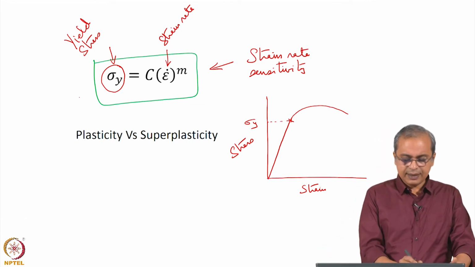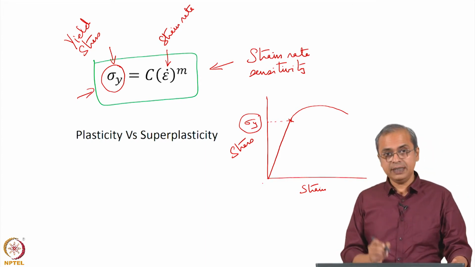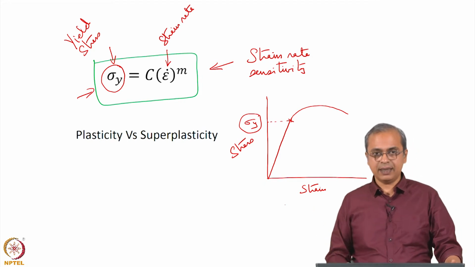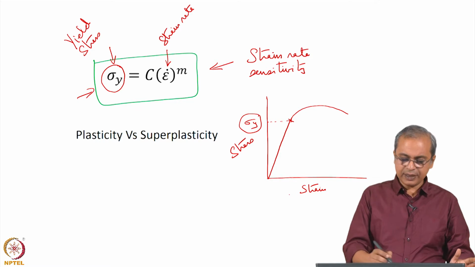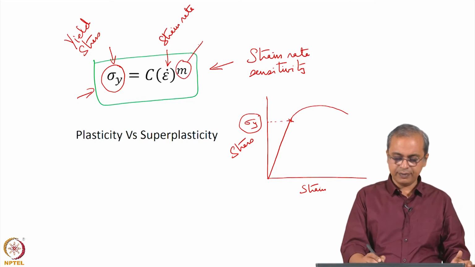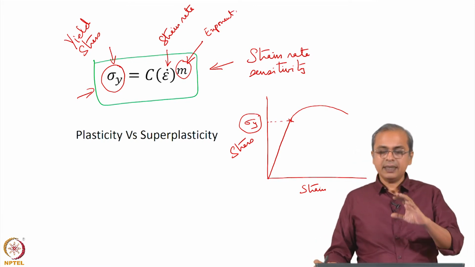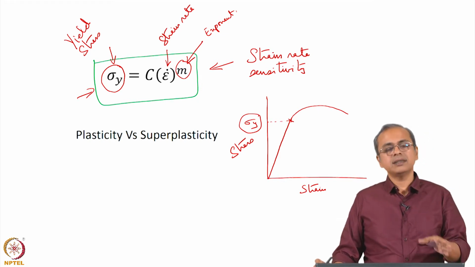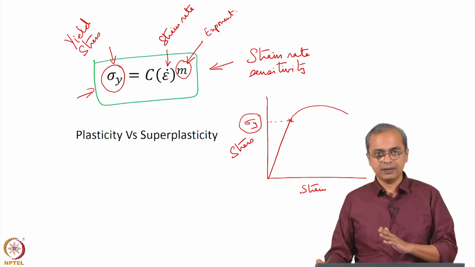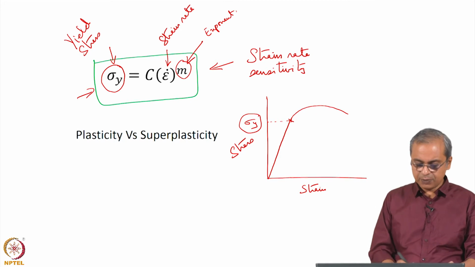This equation suggests that actually that value sigma y that you will see depends on the strain rate that you are using, and that is captured by this equation with an exponent. So, this exponent tells how sensitive the yield stress is in relation to the strain rate. Okay. It is generally found that for a lot of materials this exponent is small.